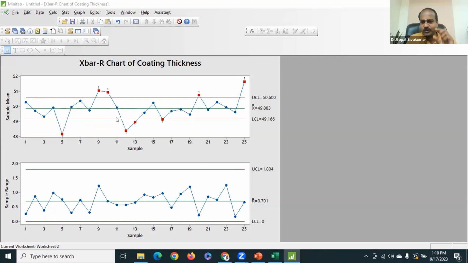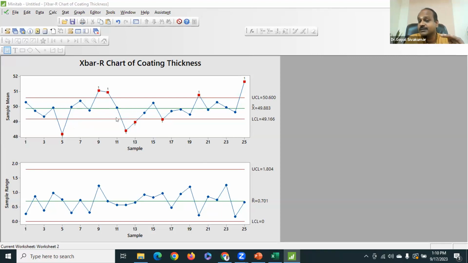Every subgroup has a consistent quality. But consistently good or consistently bad, I don't know. There is consistency inside every subgroup, but whether it is a good consistency or bad consistency, I don't know.